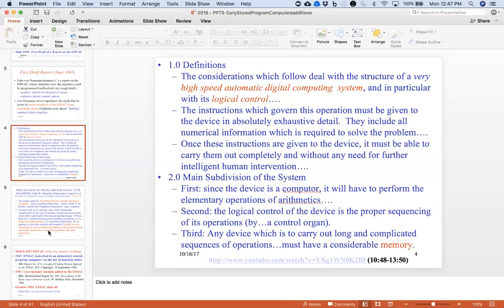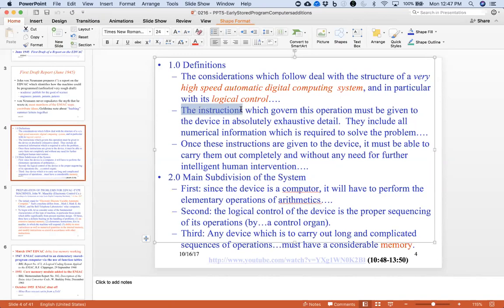Now then, the next thing is the instructions. The instructions that govern a computer must be specified in exhaustive detail. So what is an instruction? If you remember when we were talking about Babbage's punch cards, that's a really good example.